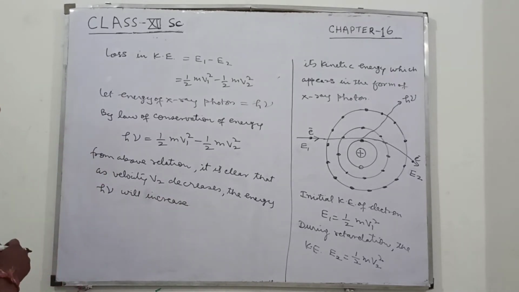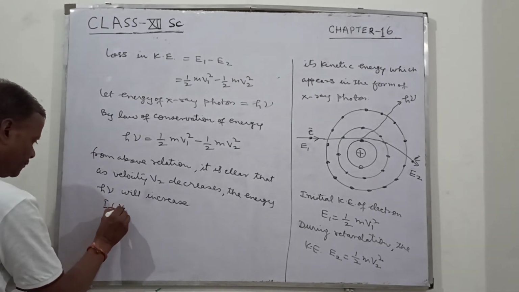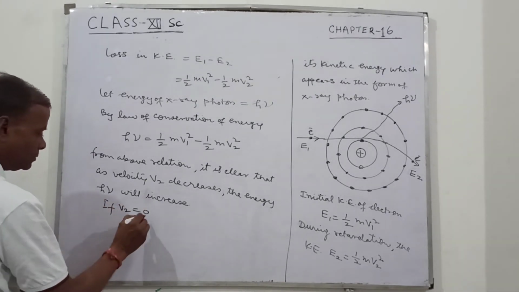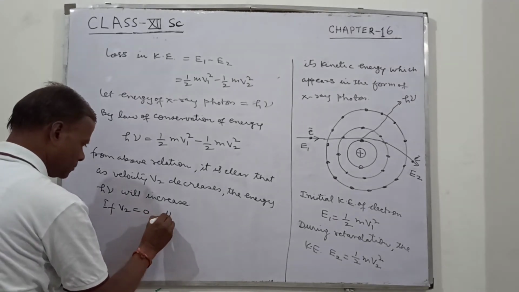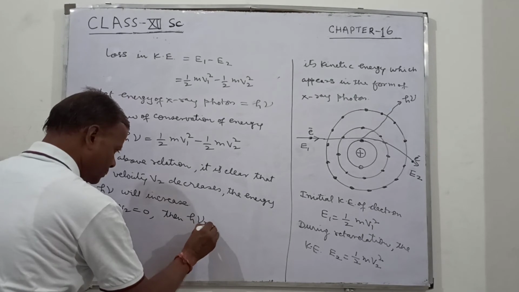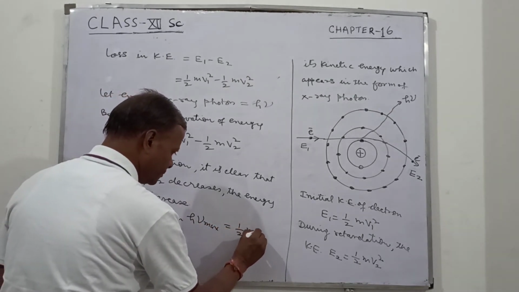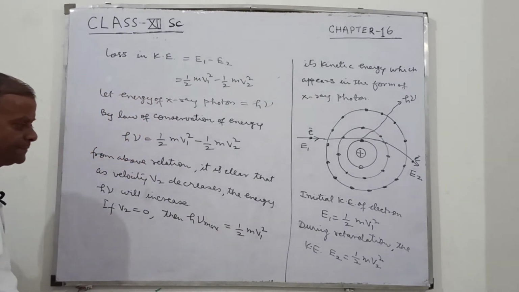And if v2 is equal to 0, then h nu is maximum, equal to half m v1 square.